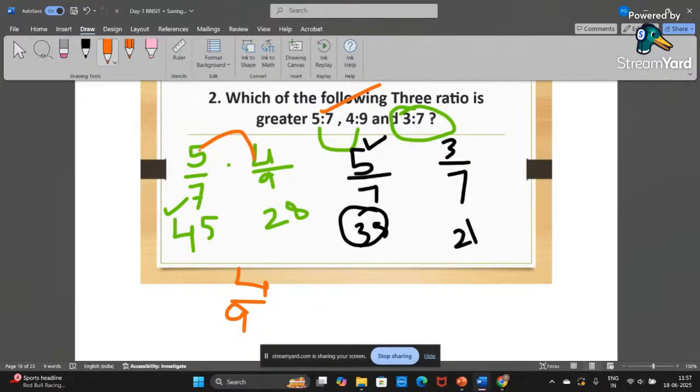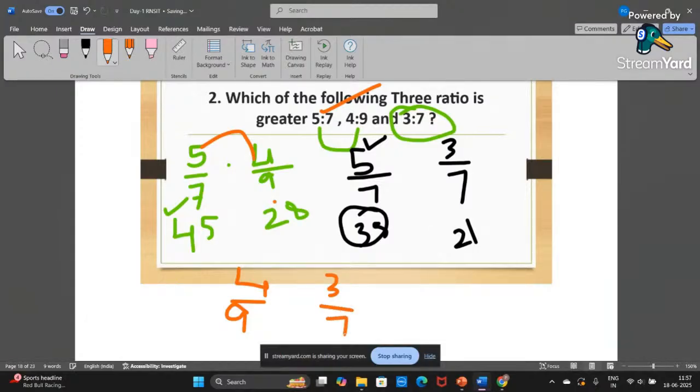But when you're comparing 5 by 7 and 4 by 9, we got 27, right? So this is the smallest number among these two. Now this has to be compared with the left out ratio, 3 by 7.